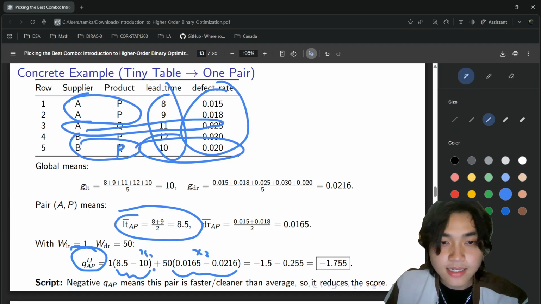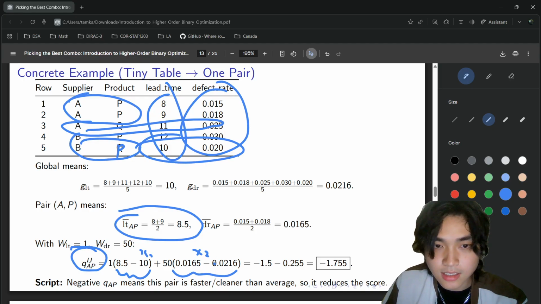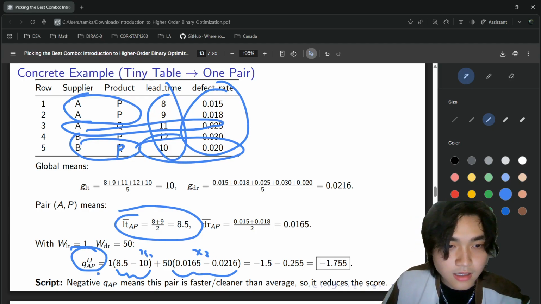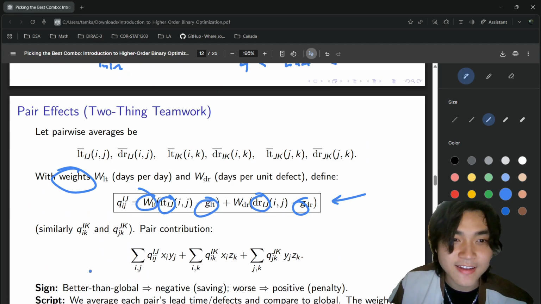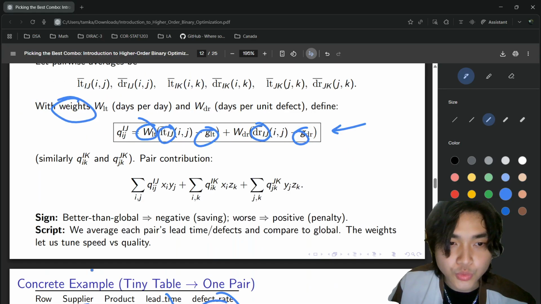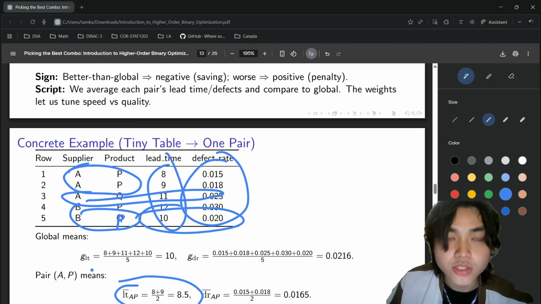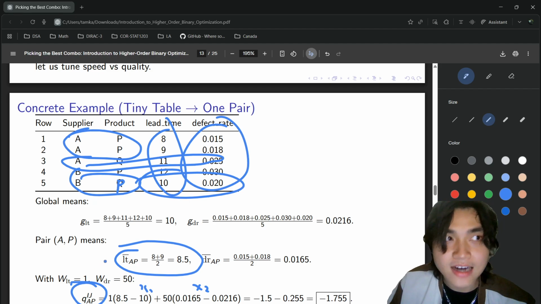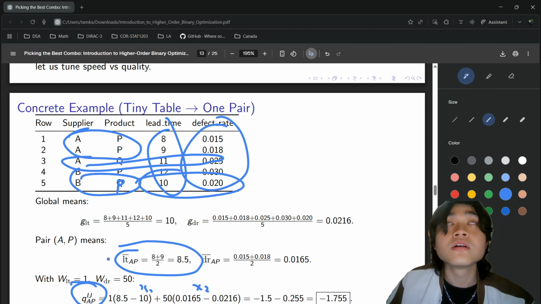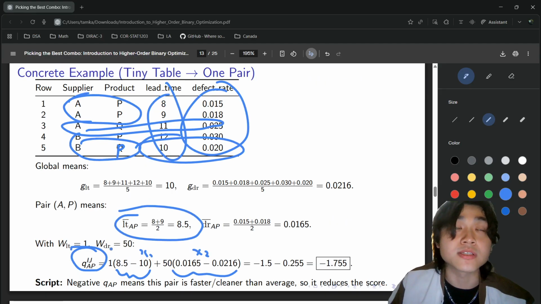In this case, over here is the lead time, and over here is the defect rate. The reason why we need to create a new coefficient is such that we are able to model each unique pair of categories as much as possible.